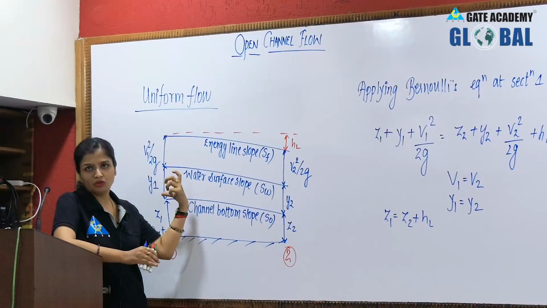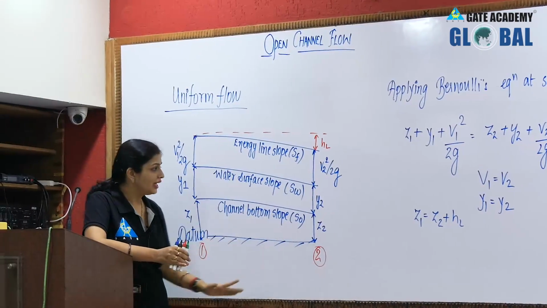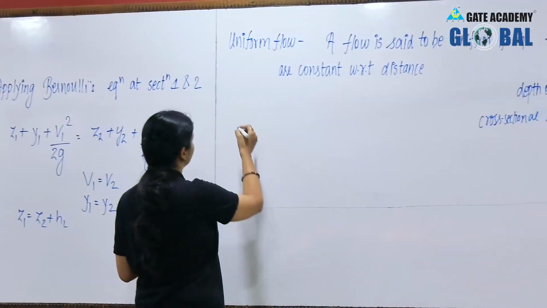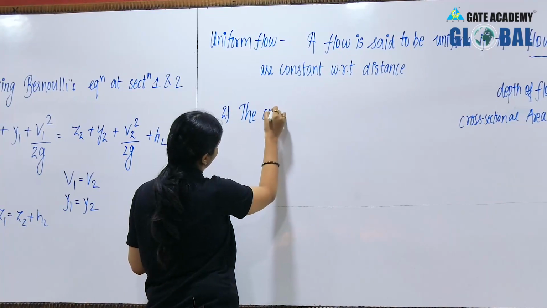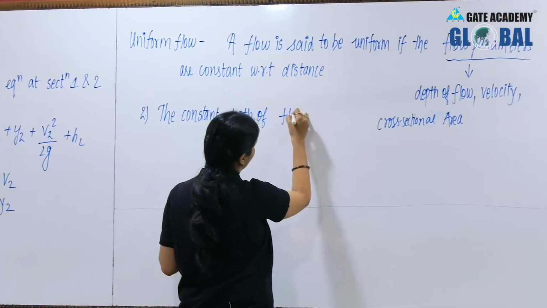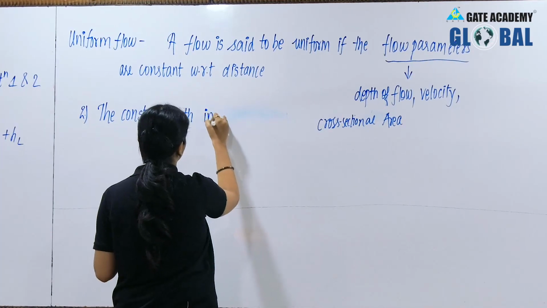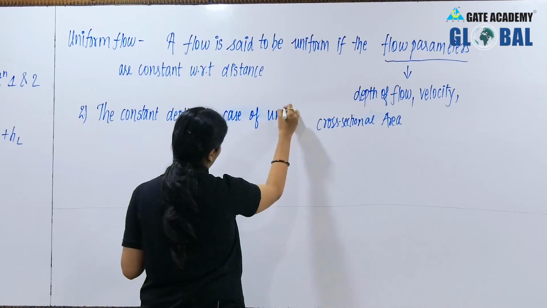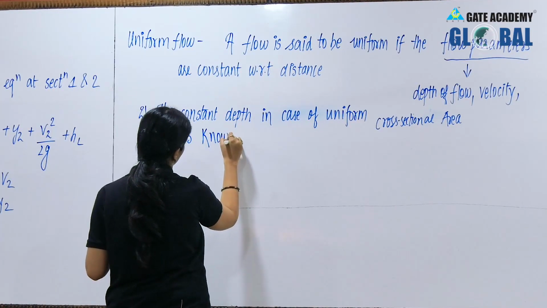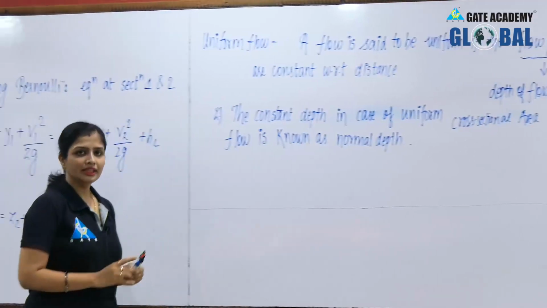So this constant depth of flow in case of uniform flow is known as your normal depth. These two points are clear to you.